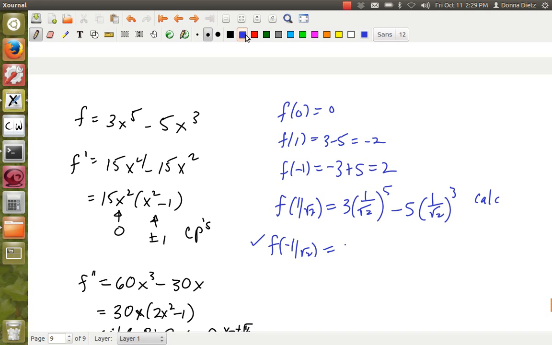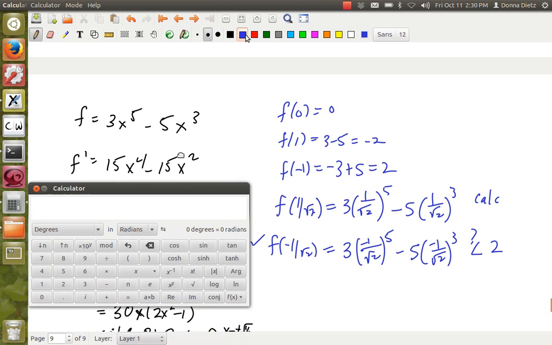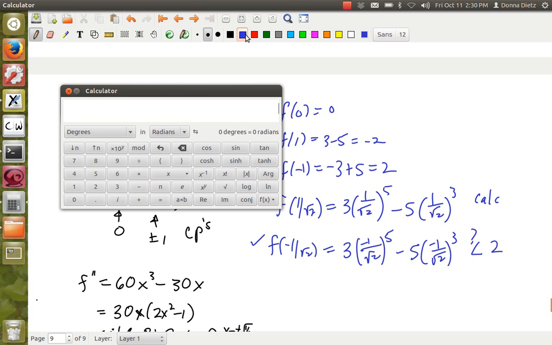Okay, so we're going to do something like this. 3 times minus 1 over square root of 2 to the fifth minus 5. Write all this stuff in. Is this less than 2? Well, you might want to pull out your calculator because I don't want to calculate 1 over square root of 2. 1 divided by 2 to the power of 0.5 equals 0.707.